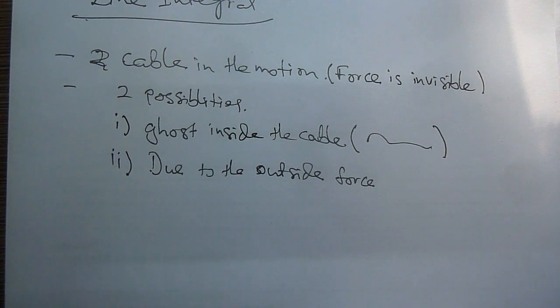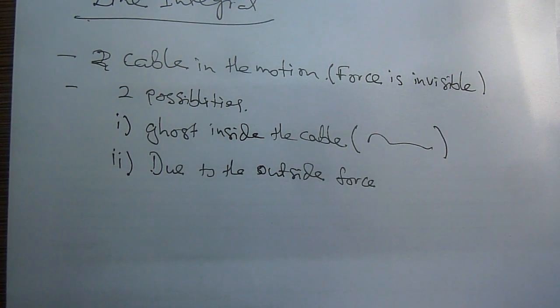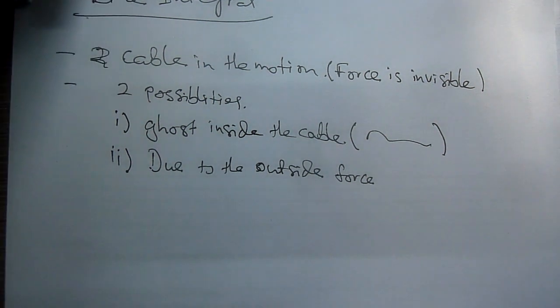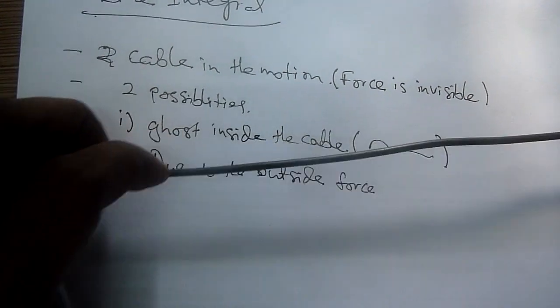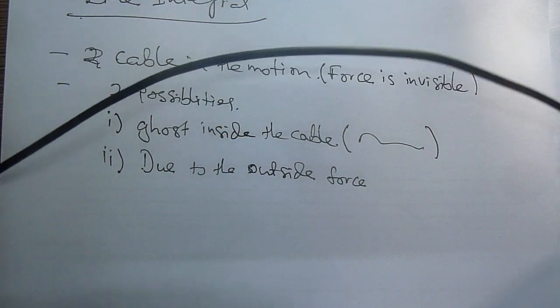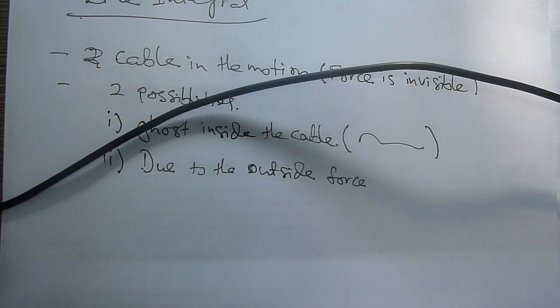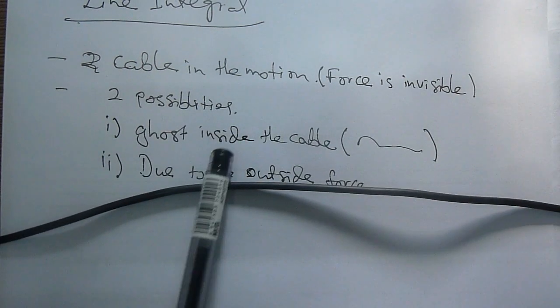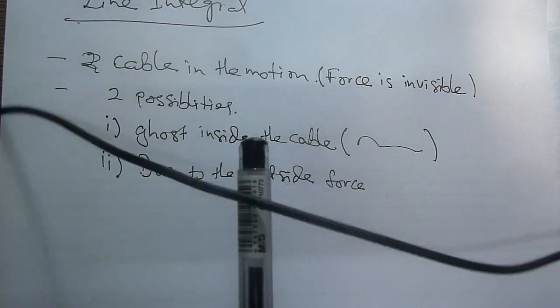Don't say that I alone am able to give that. Outside can be in many ways. It could be the surface here. The surface of this table can make the cable, the wire, move up like this.